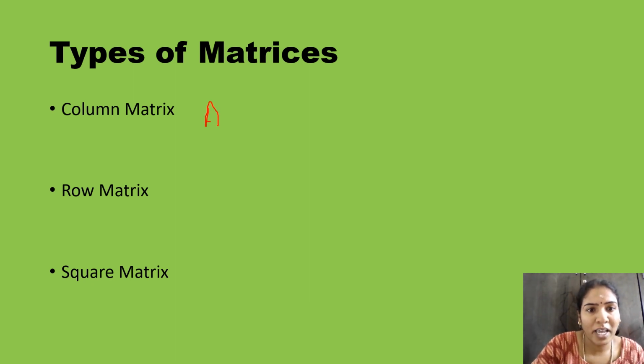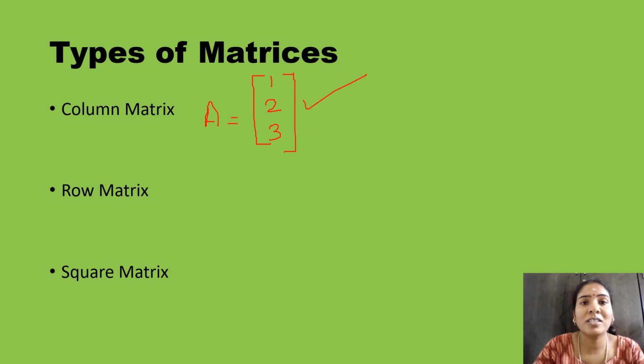A matrix A is equal to the elements 1, 2, 3. This matrix has 3 rows and only 1 column. So if any matrix has elements only in a column, then I can say it's a column matrix.